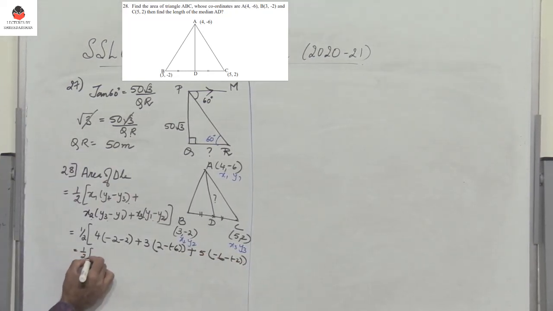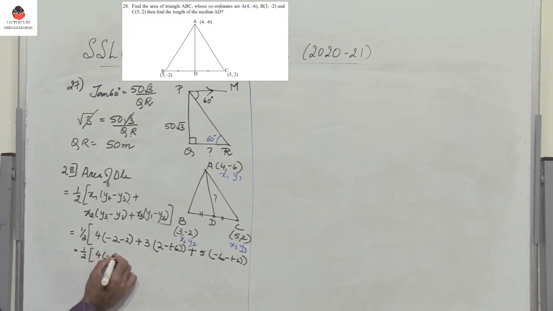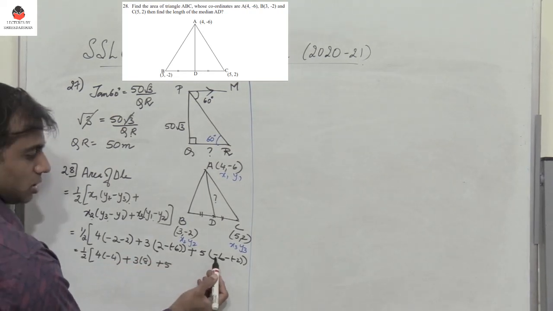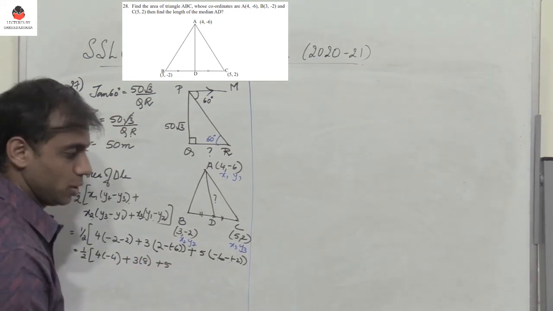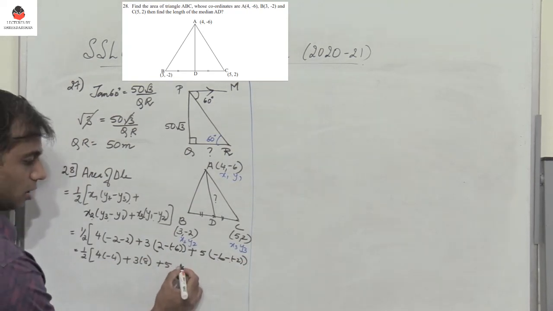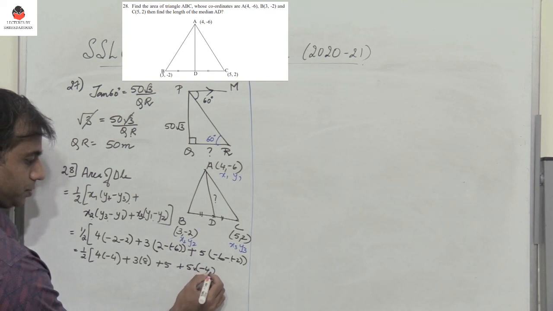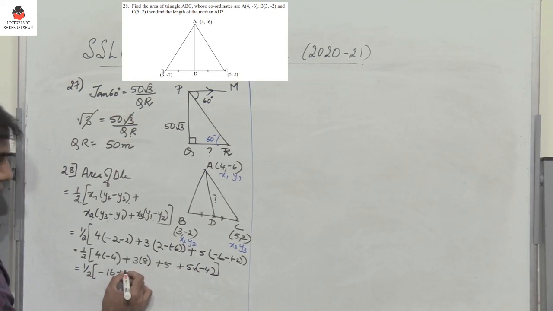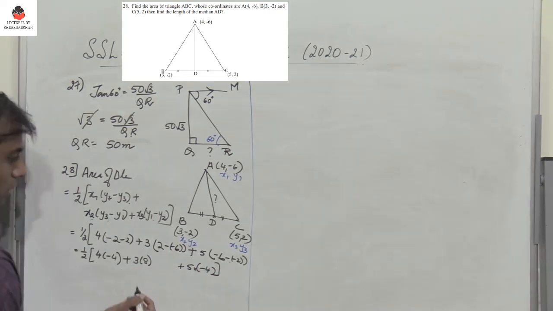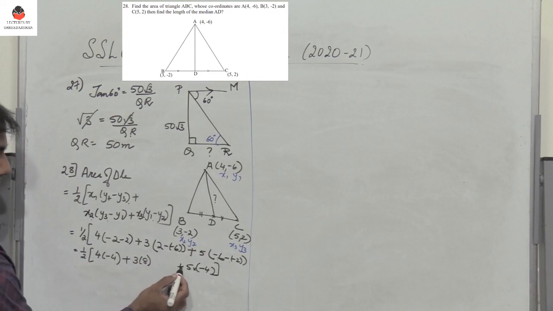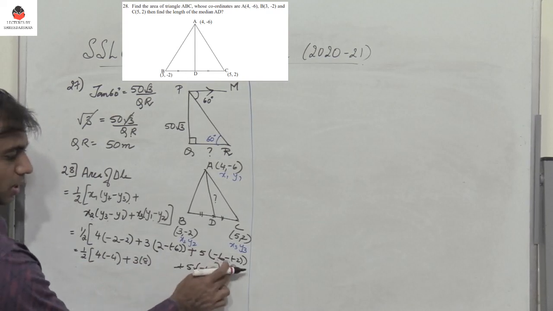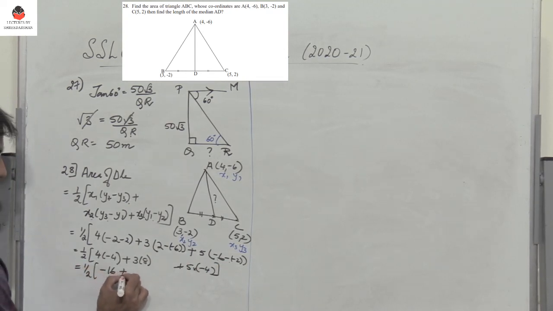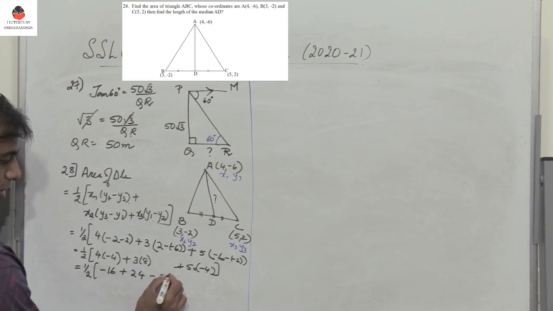So I get half of 4 into minus 4 plus 3 into 8 plus 5 into minus 6 plus 2, which is minus 4. So I get half of minus 16 plus 24 minus 20.